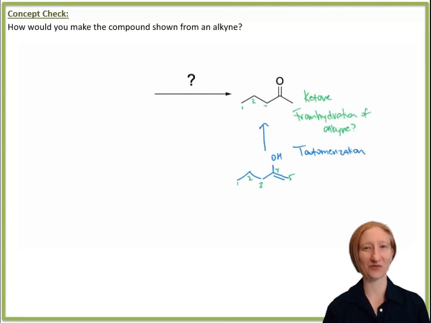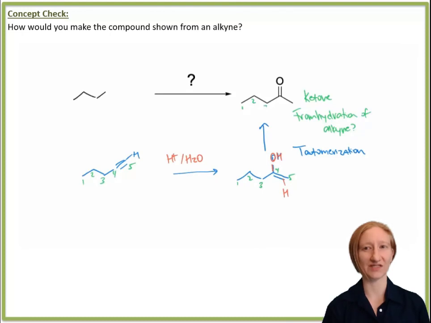Now I need to go backward one more step and think about the alkyne that could give rise to this enol. So I'll draw an alkyne that has 5 carbons, where the 4th carbon is the more substituted carbon of the alkyne. In this way, I can be sure that the oxygen, the nucleophile, will attack the 4th carbon. If the 4th carbon isn't the most substituted or the most electrophilic, then I won't end up with the right product.